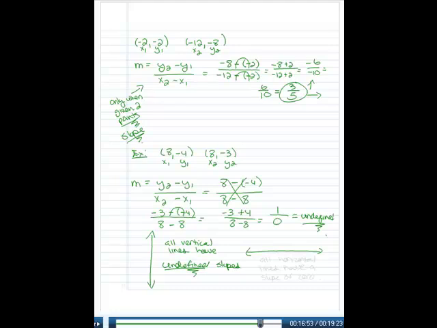All horizontal lines have a slope of 0. So let's look at some examples. We'll start with vertical and horizontal.